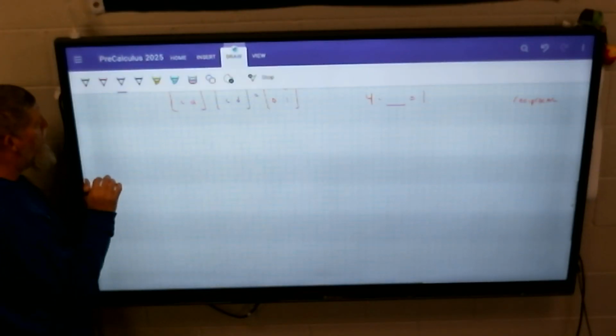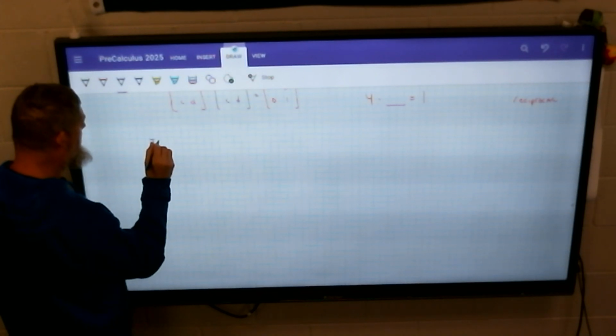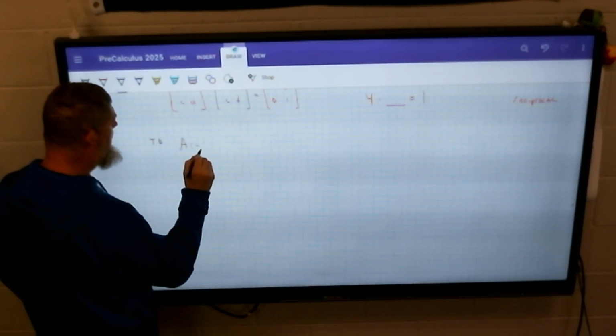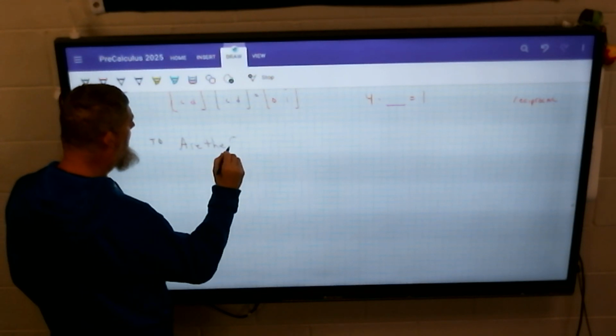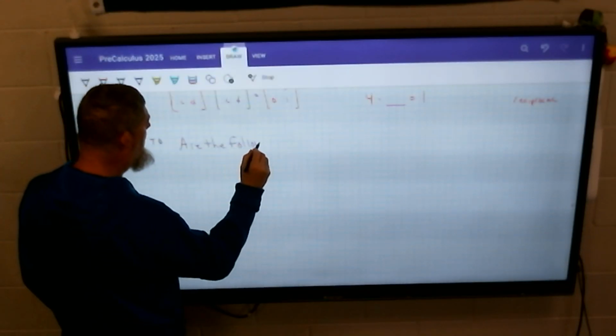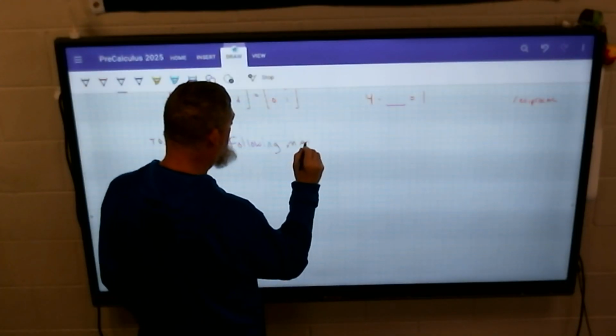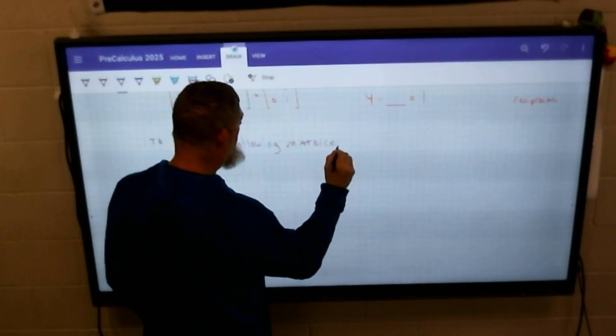Okay, so one type of test question I'm going to give you is to say, are the following two matrices inverses?